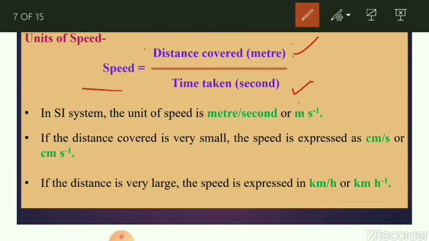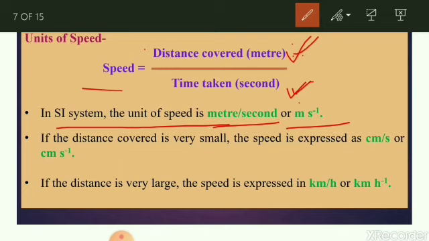So the unit of speed is meter upon second. Meter per second is the SI unit of speed, written as m/s or m s inverse.